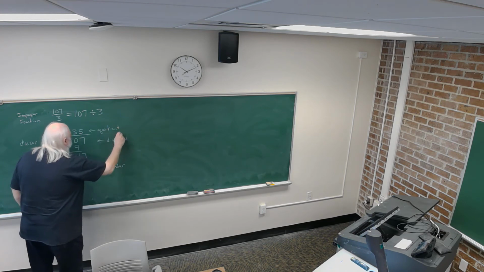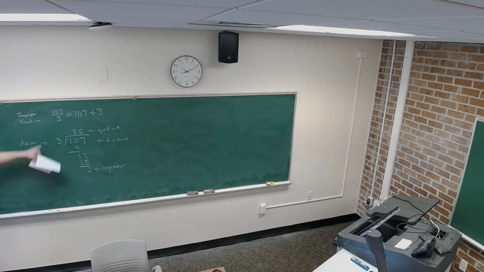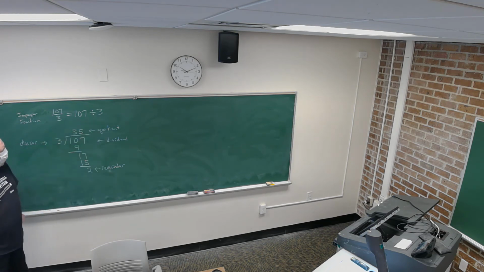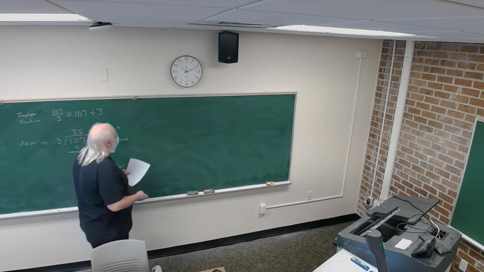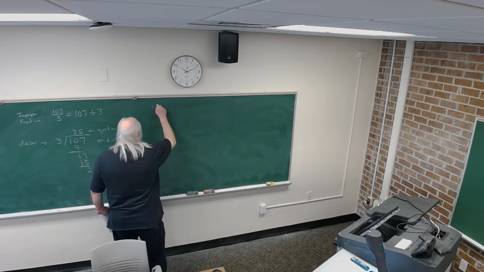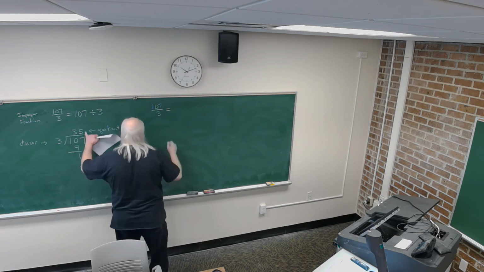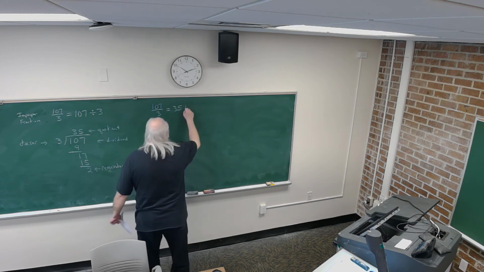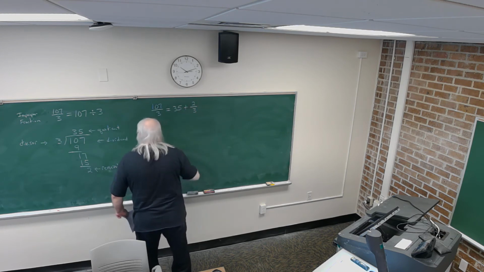So 107/3 can be thought of as 107 divided by 3. And 107 divided by 3 is equal to 35 with a remainder of 2. Let's write that out. 107/3 is equal to 35, the quotient, plus 2/3.